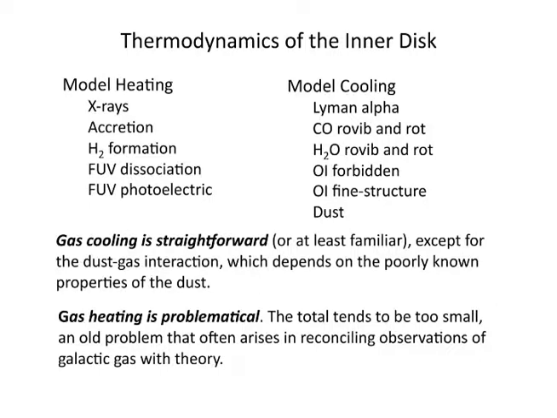We were very hopeful when we began that X-rays might be the most important heating mechanism in these disks, because these stars do have a fair level of X-ray emission. But X-ray heating is deficient, and therefore a very important part of our model is heating by the accretion process. That's by the dissipation in the accretion. And I want to talk more about that.